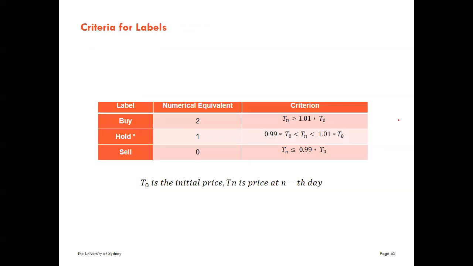You invest $100 and have a $1 profit. That's enough. So for each of the rows, we looked at the next day to 10 days ahead. And if the price has gone up 1%, then we label it as a buy. And if the price has gone down 1%, then we label it as a sell. And if the price has oscillated between those and didn't touch either, then it's a hold position for us.